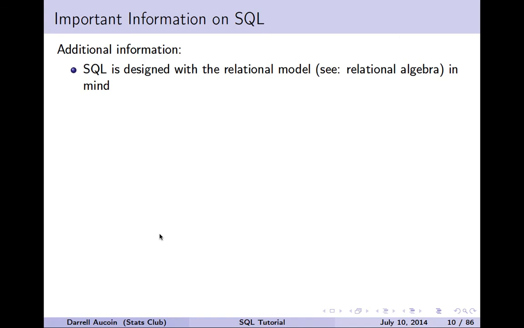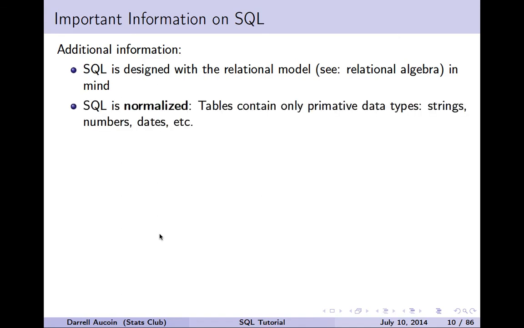Some important additional information: SQL is designed with a relational model in mind. If you want to get more into it later on, check out relational algebra. SQL is normalized. That basically means that the tables are flat. There are no subtables inside of a table. There's just a table.